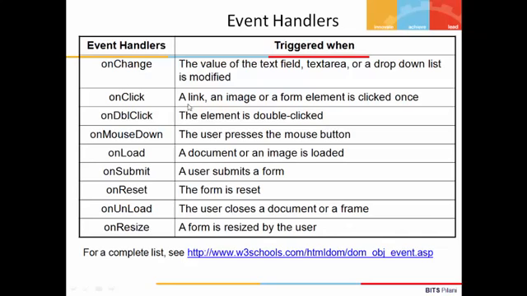On click, it could be a link or an image or a form element which is clicked once. Based on that, again, you can call a function. On double click, you can define mouse down, mouse up, on load, on submit, on reset, that is on form reset, you can do. On submit is another very important event handler which is very much in use.